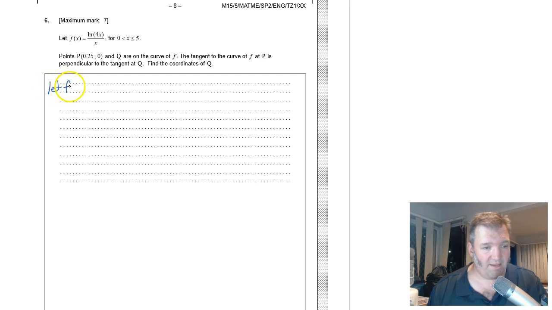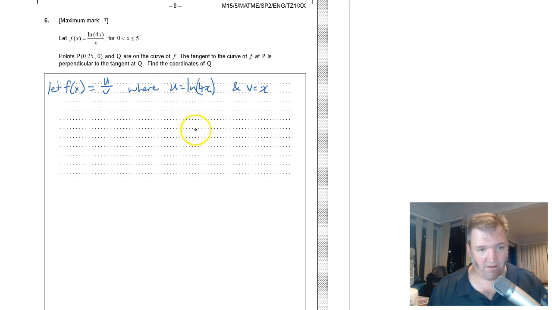So I'm going to let f of x equal u over v, where u equals log of 4x, and v equals x. Okay, we can go ahead and find the derivative of each of these now.